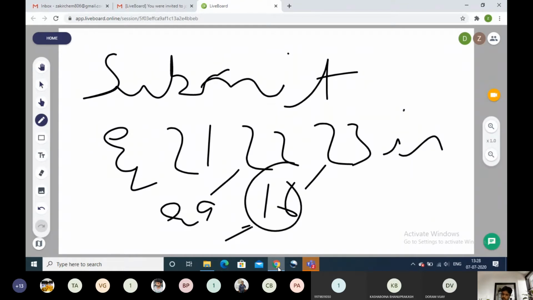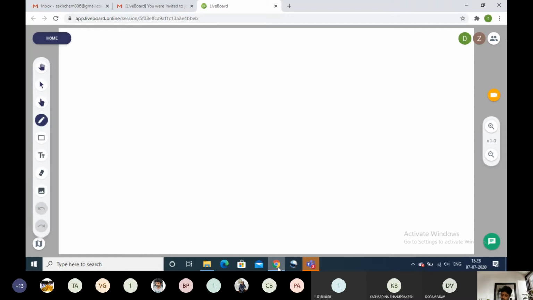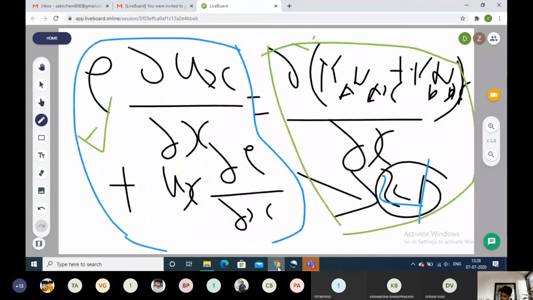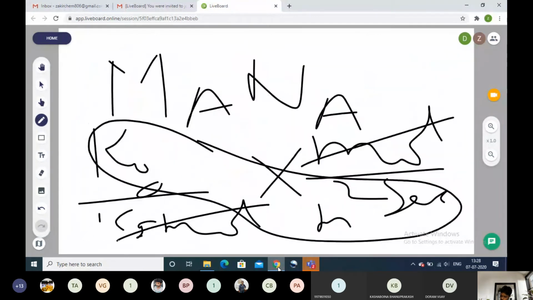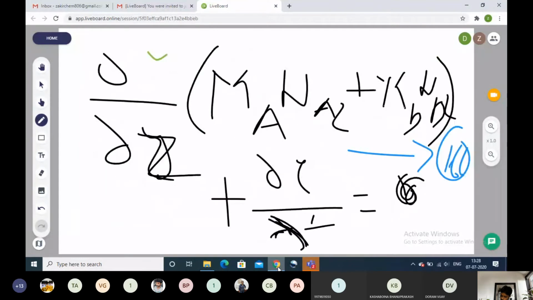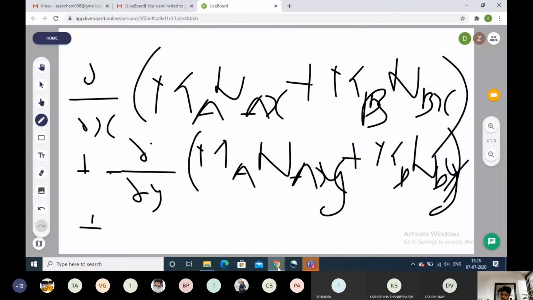Then what will happen? What is equation 16? Let's quickly go through that equation first. Equation 16 is nothing but dou by dou x of ma nax plus mb nbx. This is for the x component.